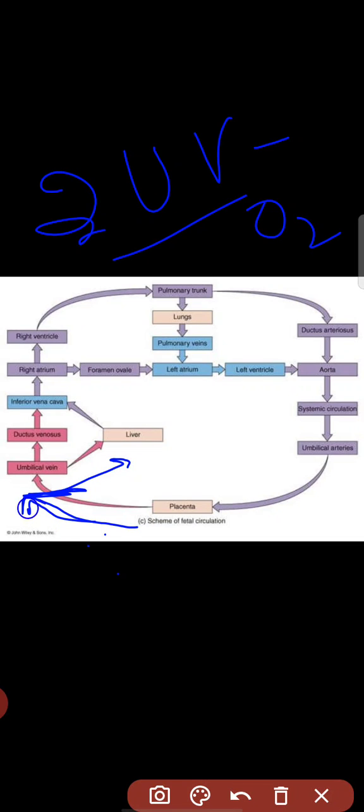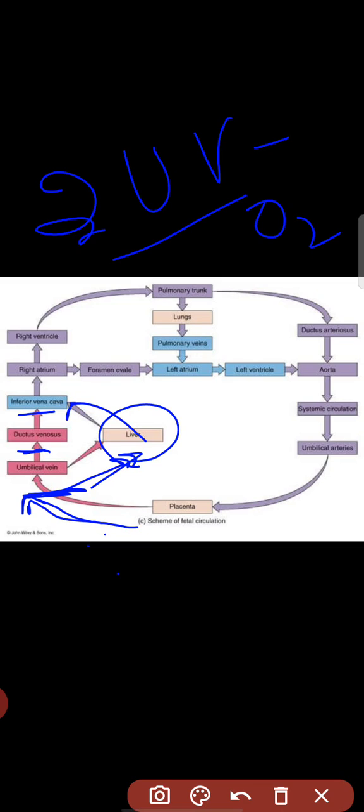The oxygenated blood in the left umbilical vein bypasses the liver through the ductus venosum; more than 50% goes into the ductus venosum and eventually into the inferior vena cava, and the remaining 25 to 50% of the blood goes into the liver, and that eventually goes into the inferior vena cava.